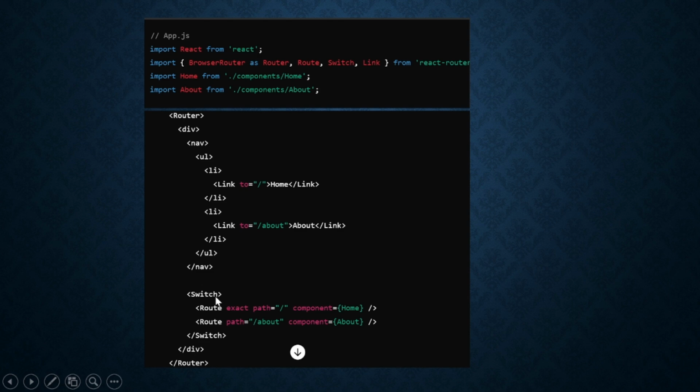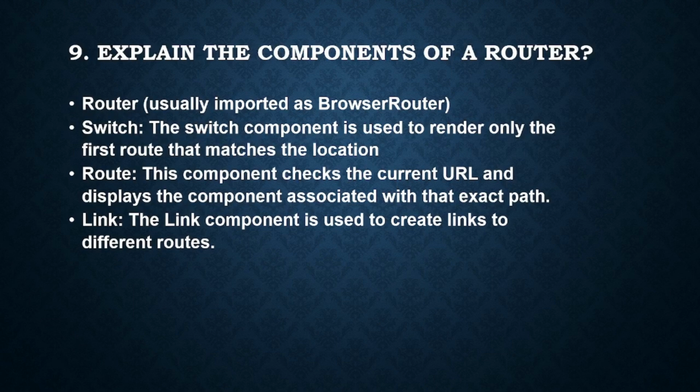Without Switch we can also write our router, using Routes instead of Switch, and here we write Route with the path and the component which we want to render. And this is the Link, where we have a nav tag, and inside that we have Link. Like that, you can explain about the router. Basically Router, Switch, Route, and Link are the main components of the router.